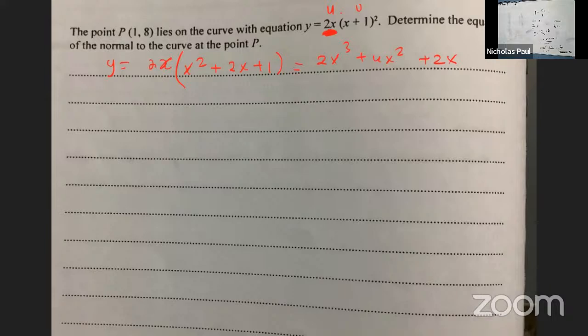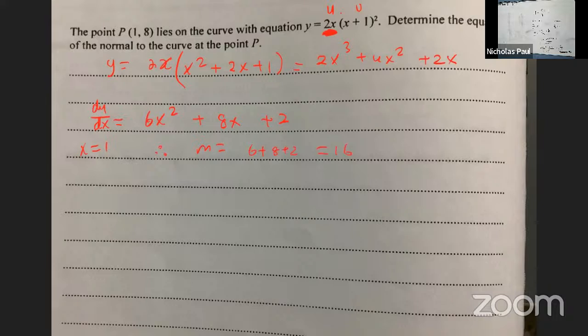Right? Can I start? All right, let's work it out. dy/dx is equal to 6x squared plus 8x plus 2. We substitute x equal to 1, and we get the gradient to be 6 plus 8 plus 2, which is 16.